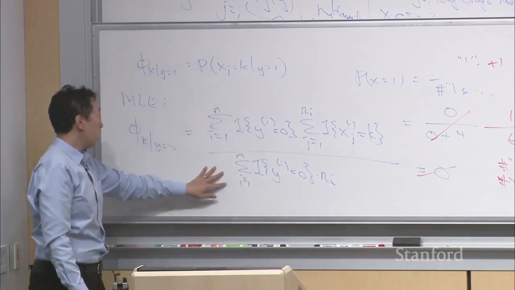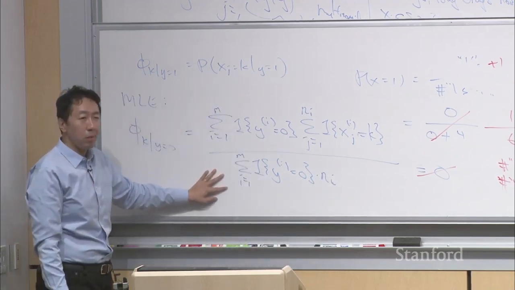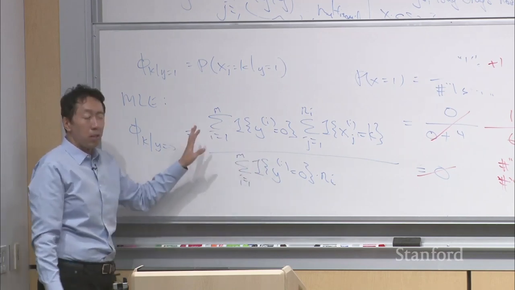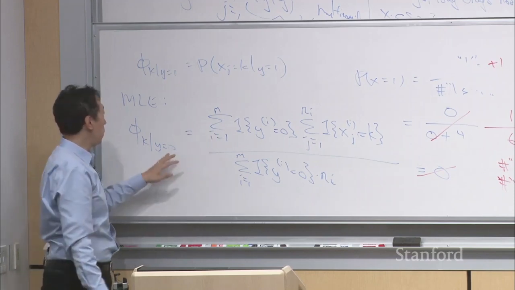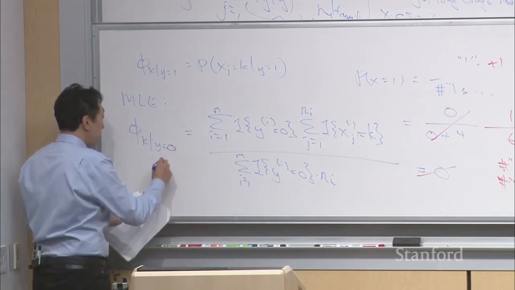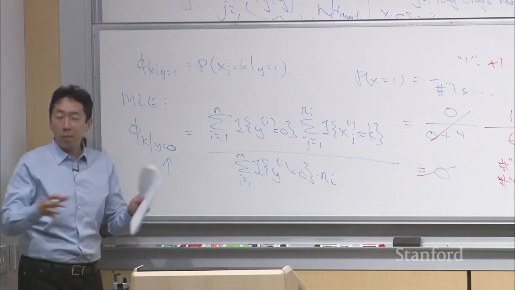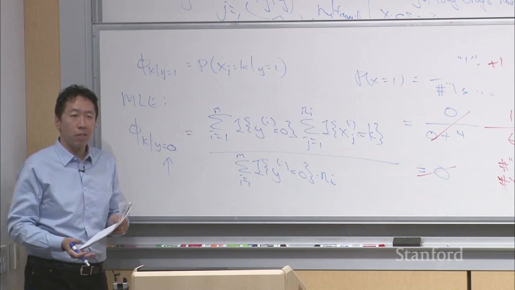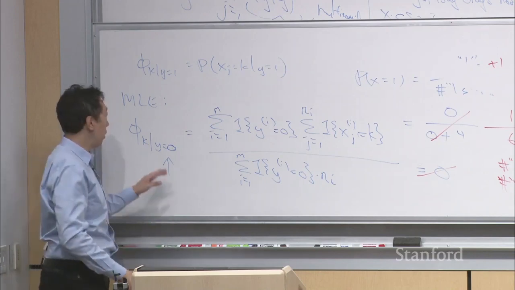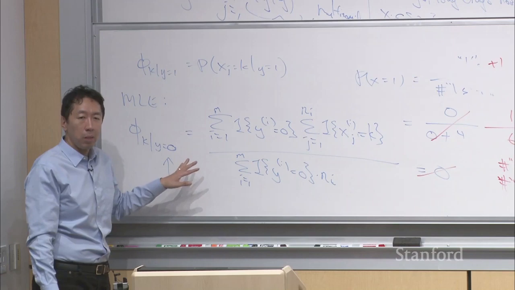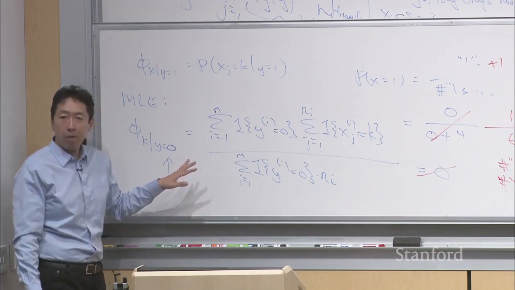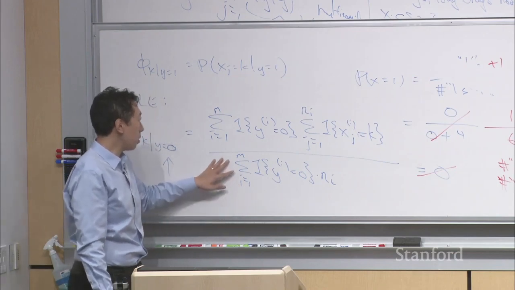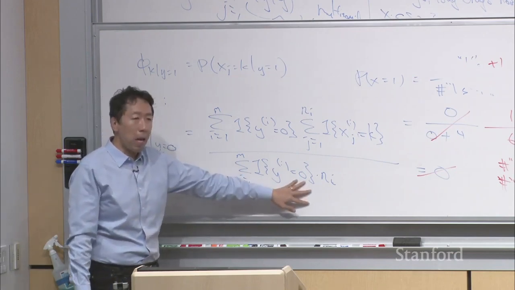If you figure out the English meaning of this complicated formula, it basically says, look at all the words in all of your non-spam emails, the emails with y equals 0, and of all of those words, what fraction of those words is the word drugs? That's your estimate of the chance of the word drugs appearing in a non-spam email in some position in that email, right?